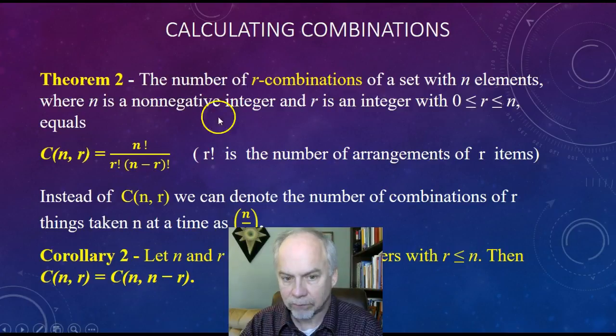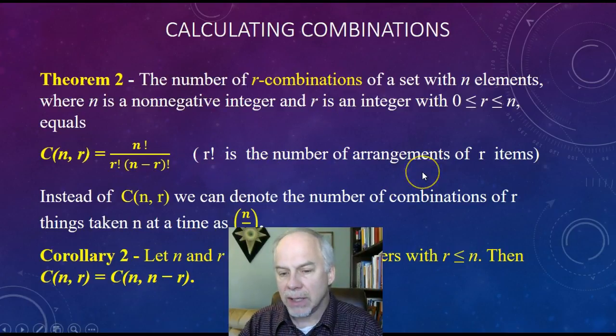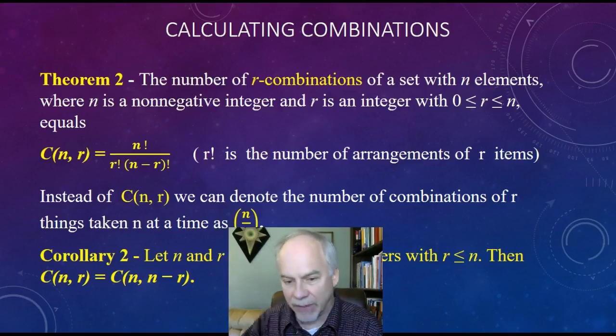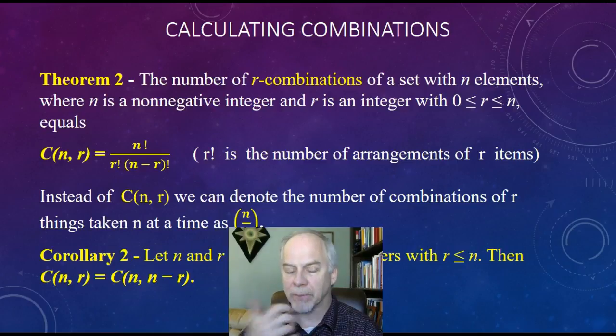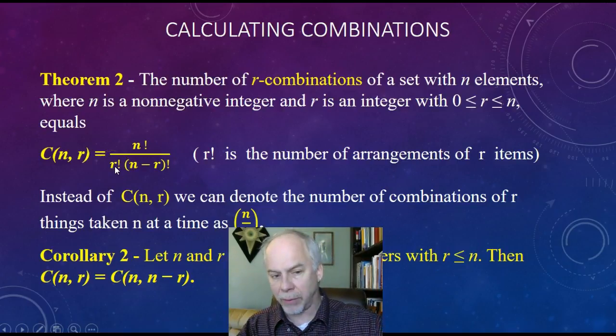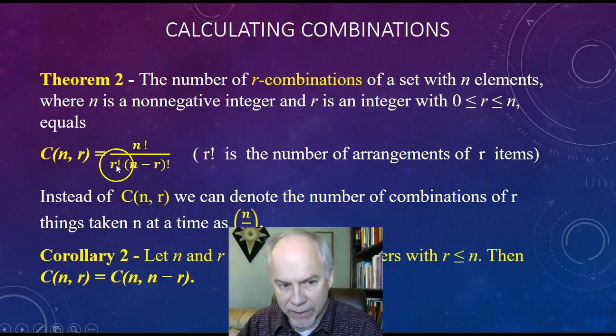Now, r factorial is the number of arrangements of r items that we've been dividing by, and so that's why it's added to the denominator from the previous formula we had for permutations. So the difference between the formula for combinations and the formula for permutations is that you have this extra r factorial at the bottom, okay? But the permutations formula didn't have that.